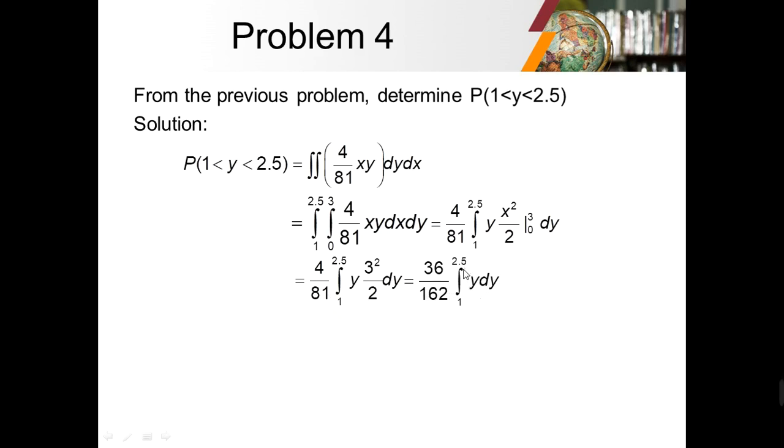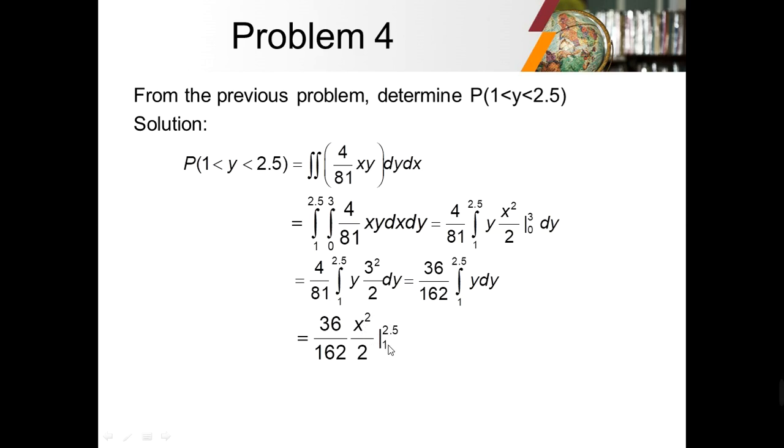1 to 2.5. Then, integrate na tayo in terms of y. So, that would be, oh my, I'm so sorry. That should be y squared over 2. Hindi ko na-edit. Dapat ito ay y squared over 2, ha? Okay? Y squared over 2. Tapos, isa-substitute natin itong 2.5 squared over 2.